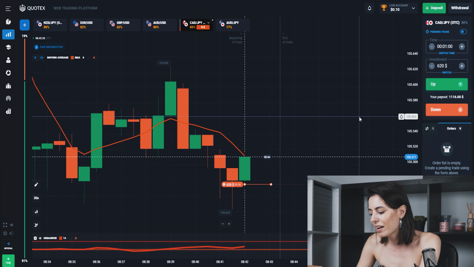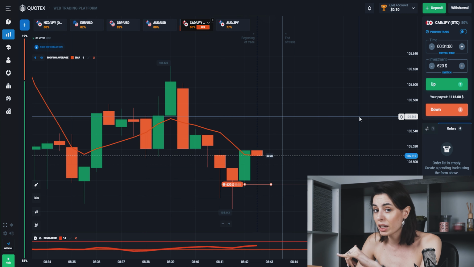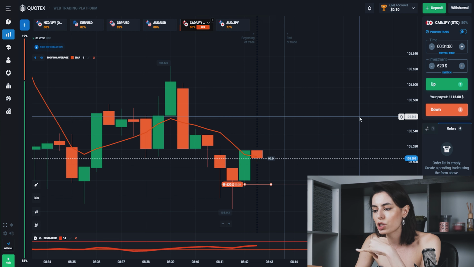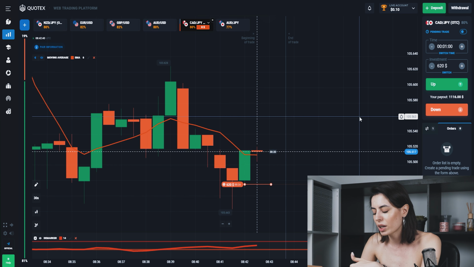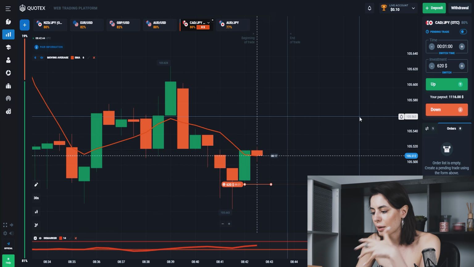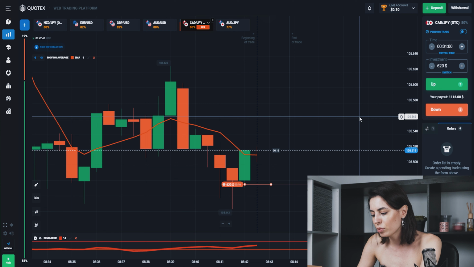And I am pretty sure that it's not going to be some drastic movement, just because the moving average shows us that we are getting down. If the moving average shows us that we are rising, and the D Marker shows us that it's getting back to the top border, we are going to play for an upward movement. But in that case, we are expecting a downward movement.